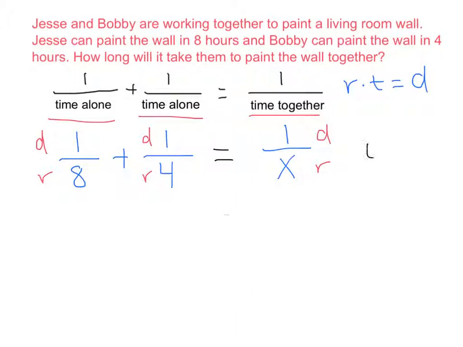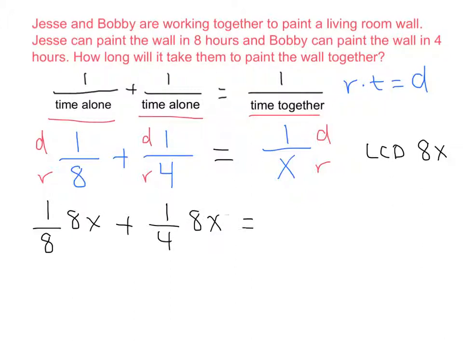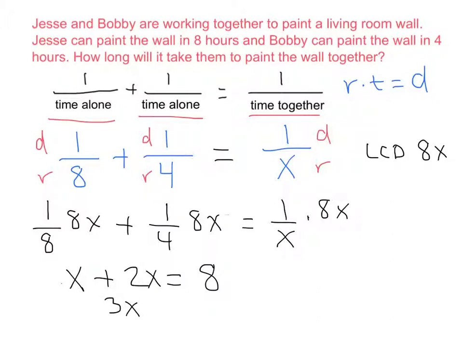So the first thing we're going to do, LCD, 8x, multiply everything by 8x. So we're going to end up with x plus 2x equals 8. 3x equals 8.